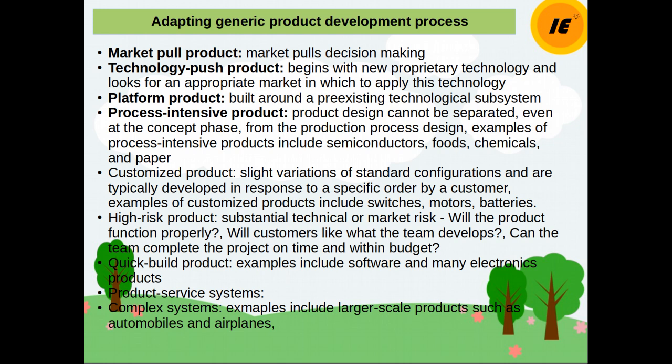Although many extremely successful products have arisen from technology push development, this approach can be perilous. The product is unlikely to succeed unless the assumed technology offers clear competitive advantage in meeting customer needs.